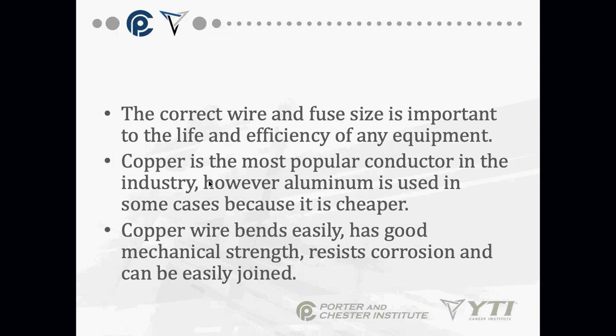Now what was the problem with aluminum wire? Anybody could tell me? Aluminum corrodes a lot easier. It corrodes. What happened when we joined aluminum and copper together? It doesn't go well.